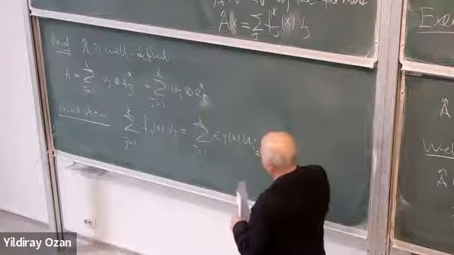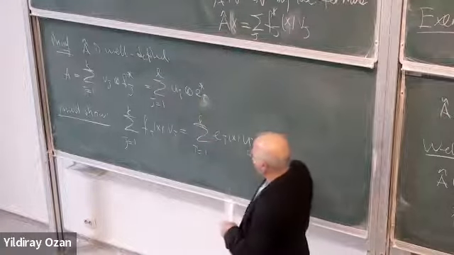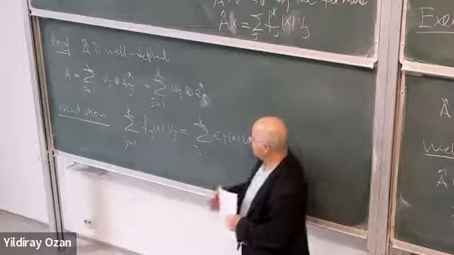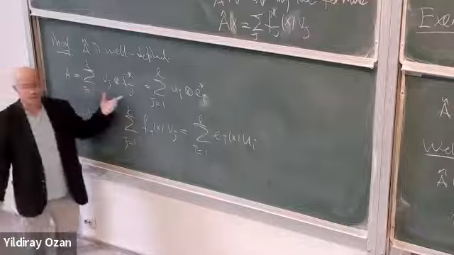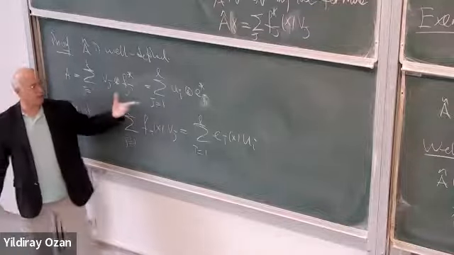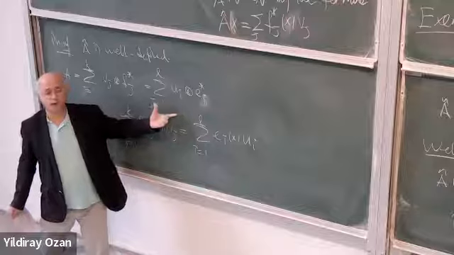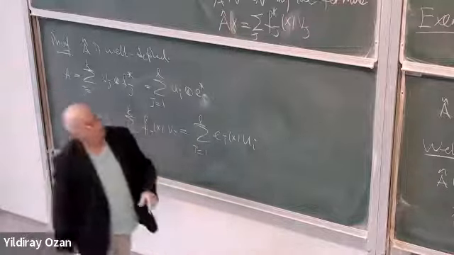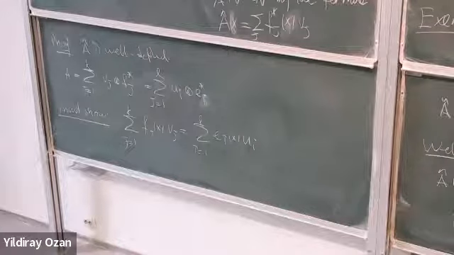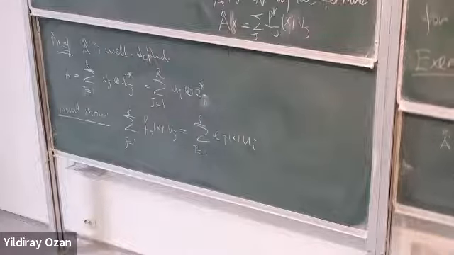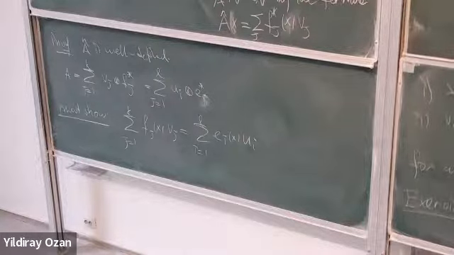Okay. How can we show this? Well, we know the following. If a tensor has two different representations, then one representation is obtained from the other one via this kind of changes.